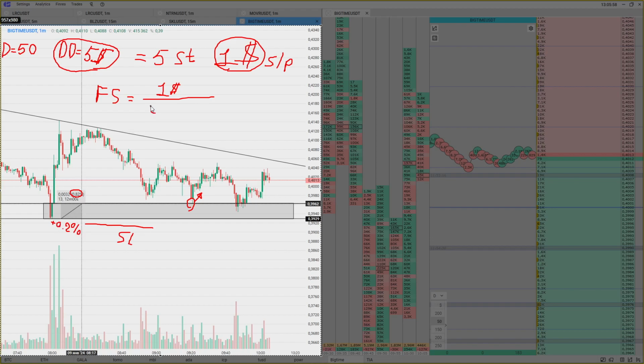It's about 0.01. We just multiply this parameter by 100 and we got 1%. So how much did we get? Just a moment. $100. Your entry will be $100.